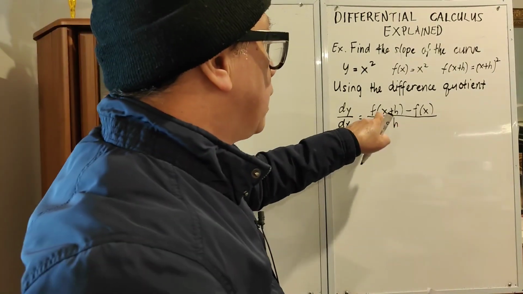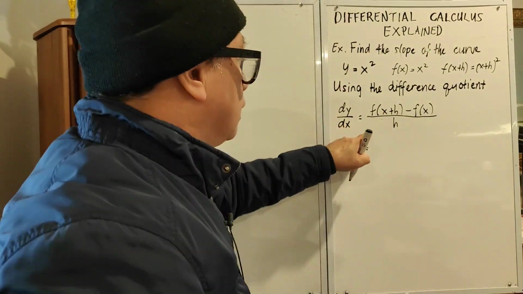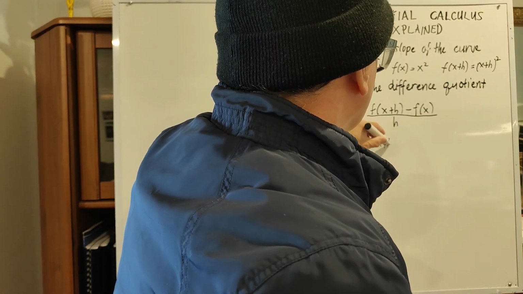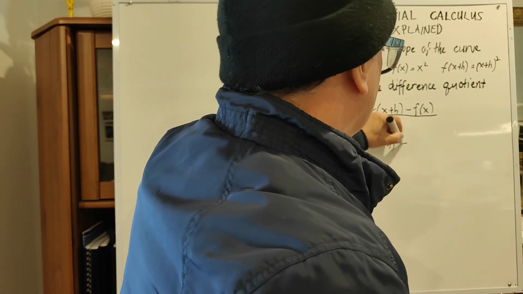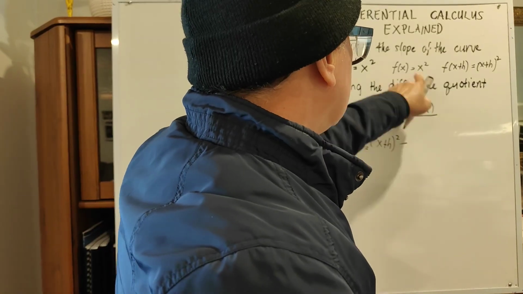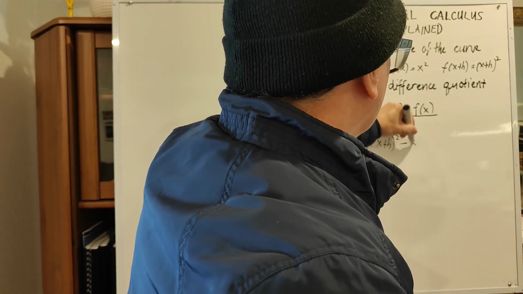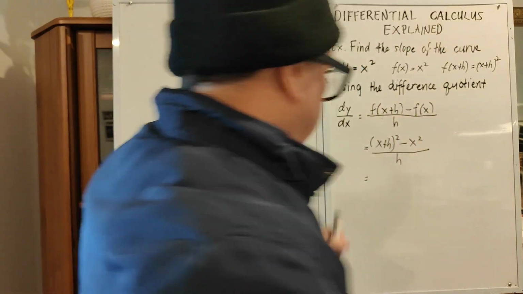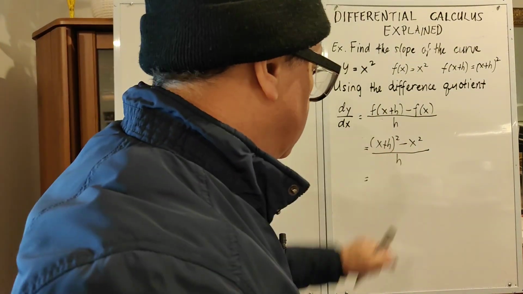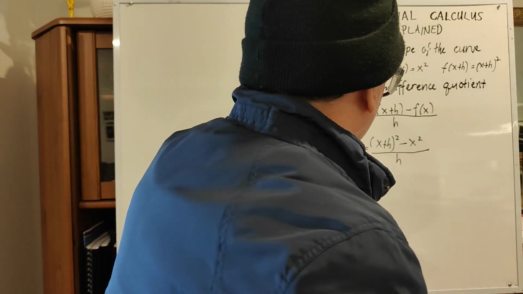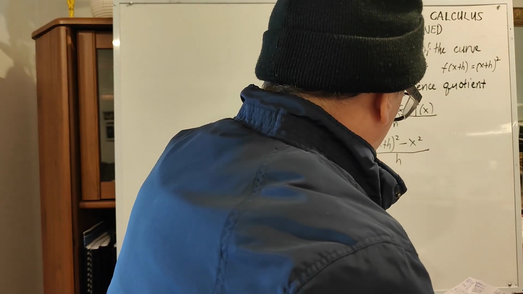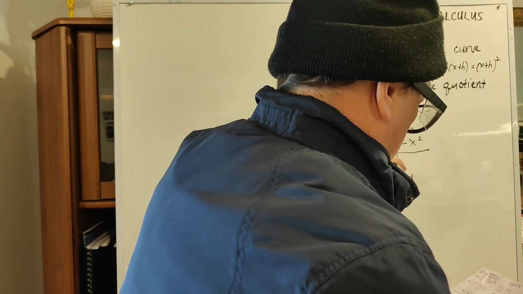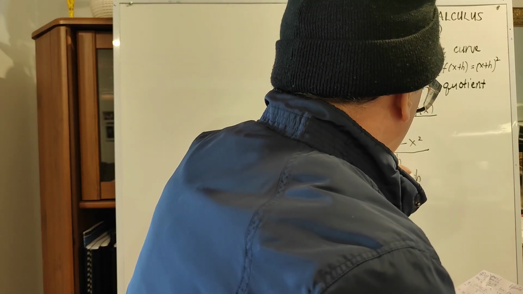Now we plug it into our formula. The function of x plus h is x plus h squared, minus the function of x, which is x squared, all over h. Now if you square x plus h, it will be x squared plus 2hx plus h squared.